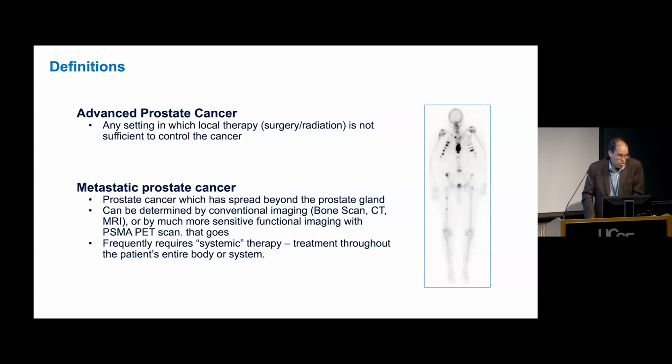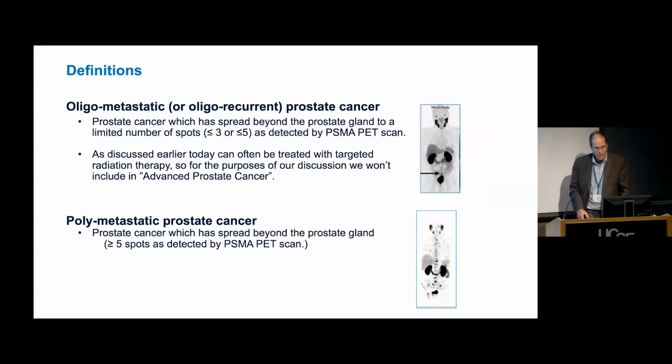It can be determined by either conventional imaging or much more sensitive functional imaging like PSMA PET. And when we think of it, it generally requires, quote unquote, systemic therapy. People have thrown that term around already. Systemic therapy just means treatment that goes throughout your whole system. And that includes ADT.